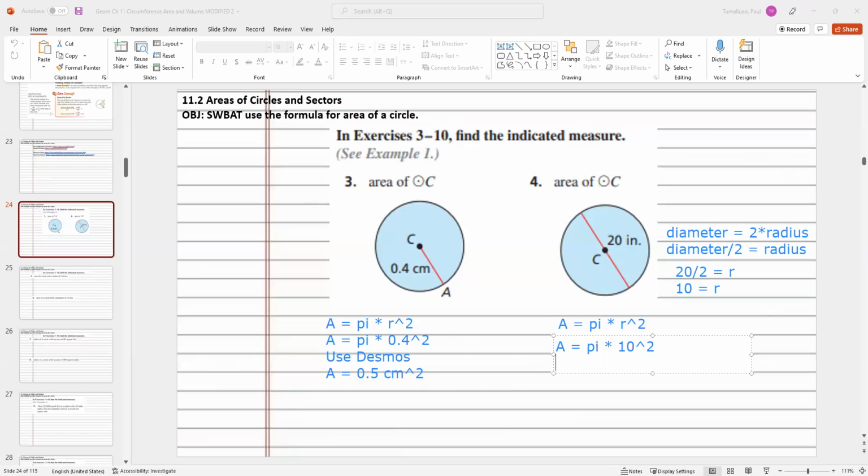Use decimals. That's 314.15. So we'll just round it to the nearest tenth. 314.2 inches squared. And there we go.